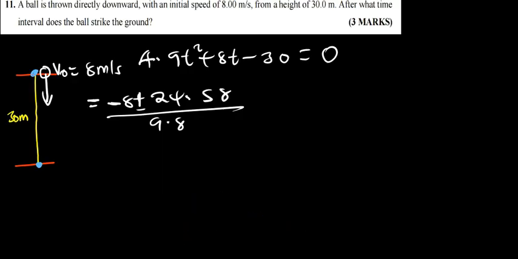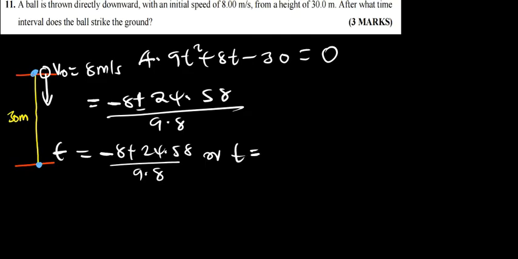Now let's get rid of this. So now I'll have negative 8 plus 24.58 divided by 9.8, or t will be equal to negative 8 minus 24.58. I divide it by 9.8.